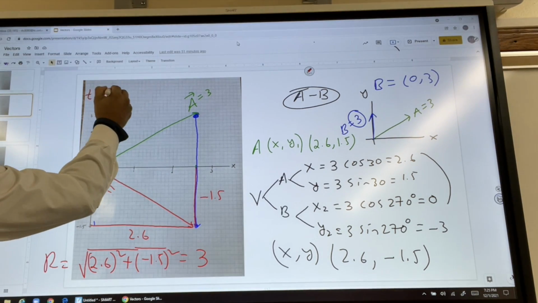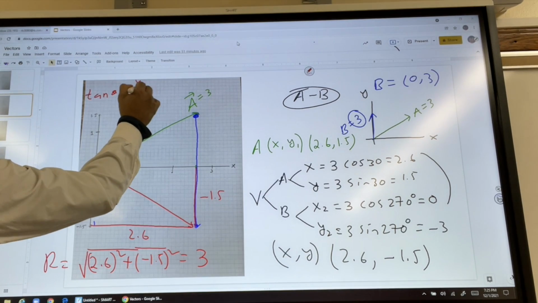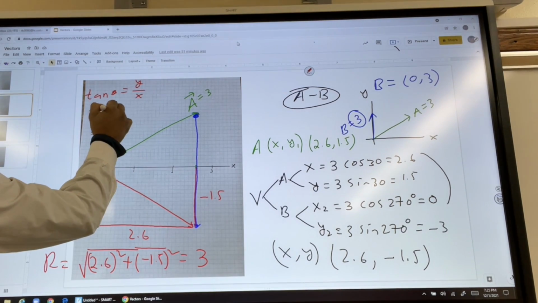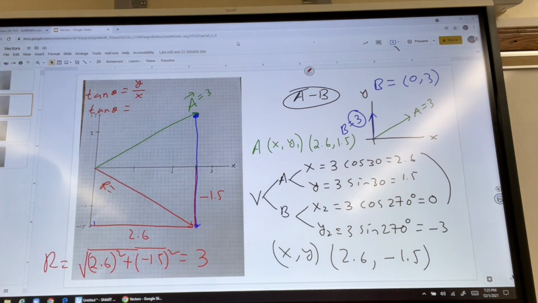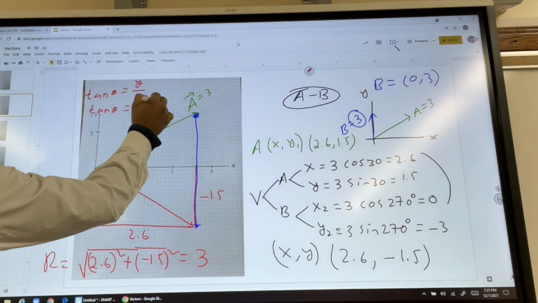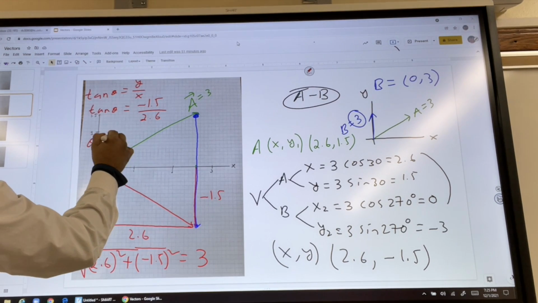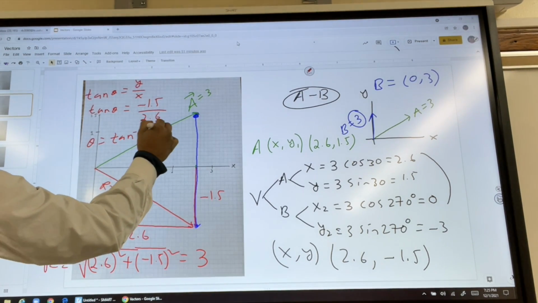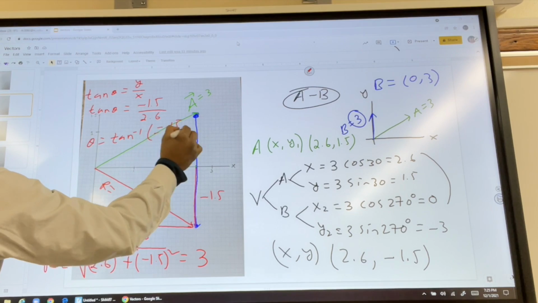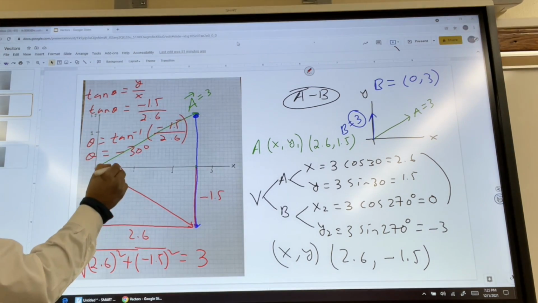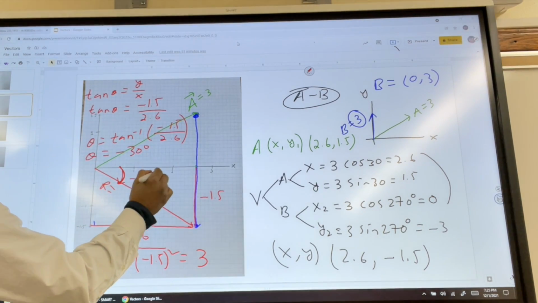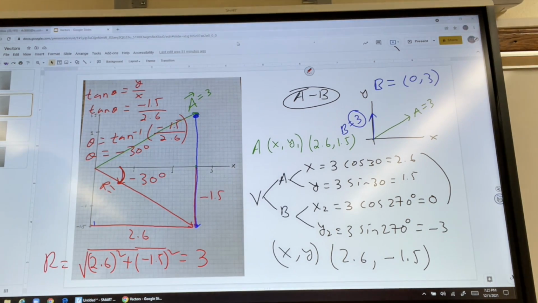Tangent theta is y over x, which is -1.5 and 2.6. So theta is tangent inverse of -1.5 divided by 2.6, which is -30 degrees, or 30 degrees below the x-axis, or 30 degrees clockwise.